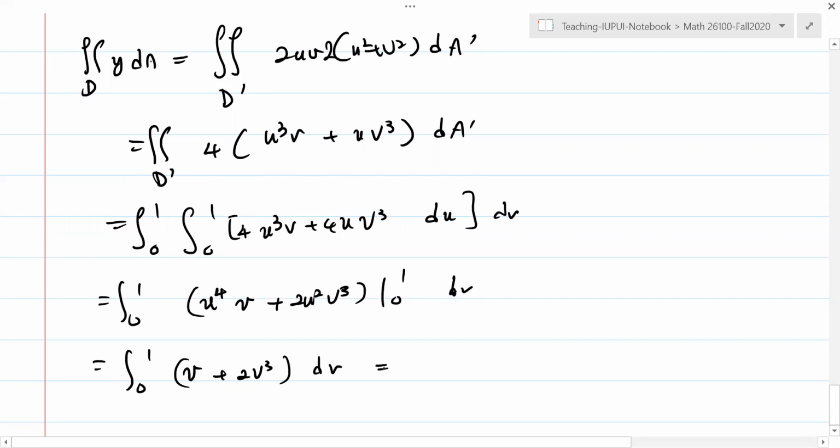Then you find an antiderivative of this.